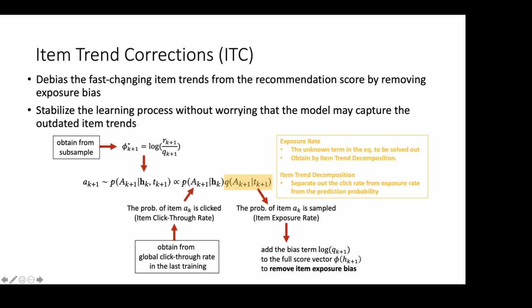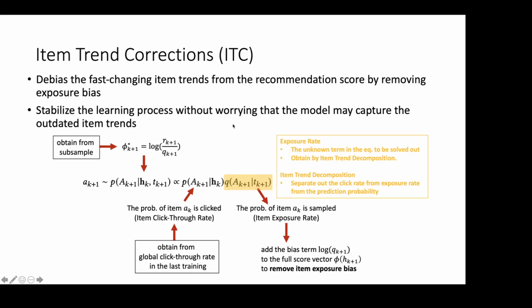It is different from the click-through rate because the click-through rate represents the probability of an item being clicked, given that the item is already exposed to the user.